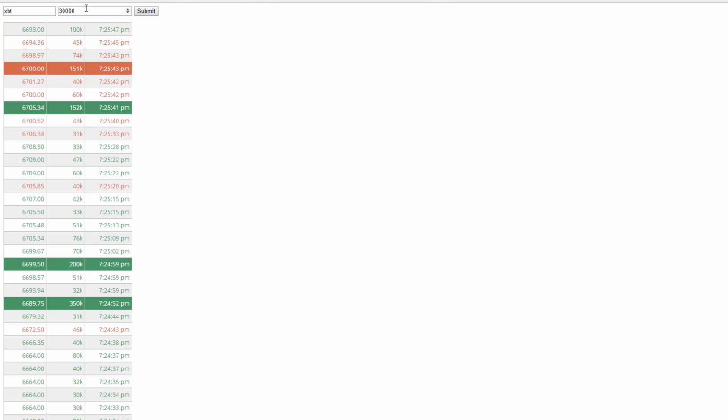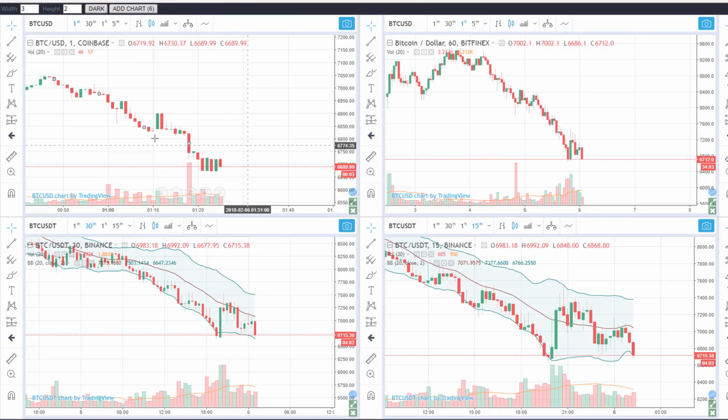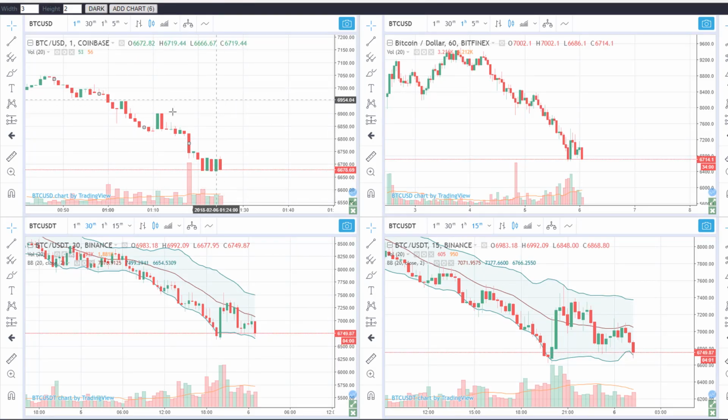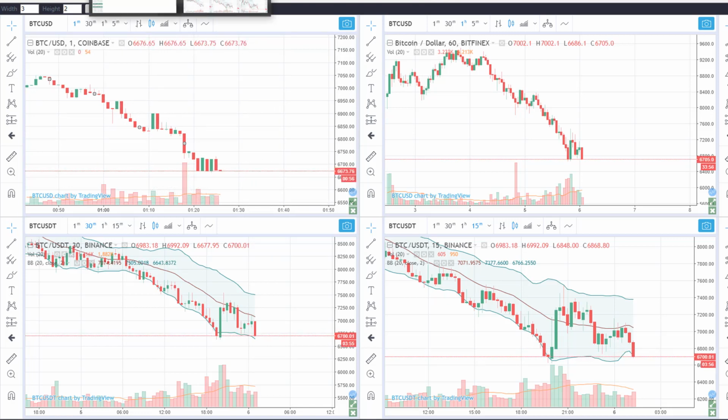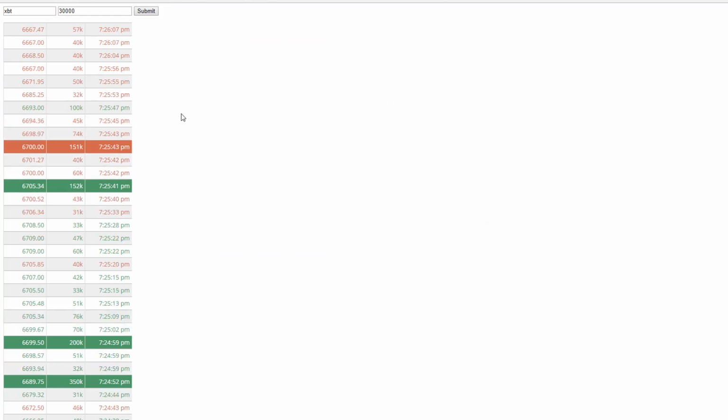Now, of course, I'm not just looking at this, right? I'm looking at the chart. I'm watching the chart. I'm watching other stuff. So you can get that playing out in the chart. What you can't get so much is the larger capital that's being put into play here. So we're about even, which is basically what the chart is saying.